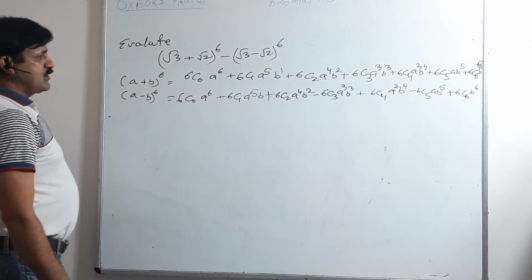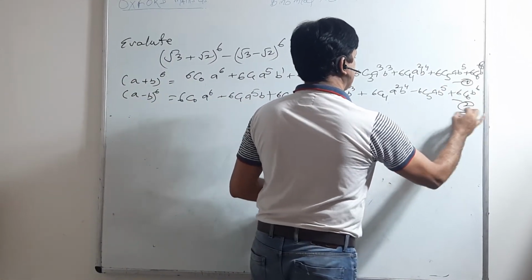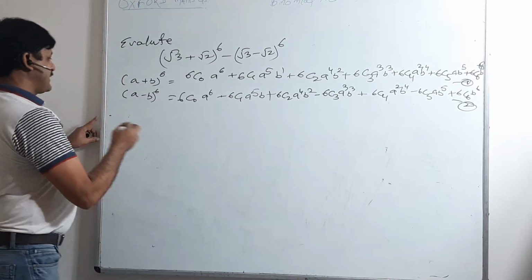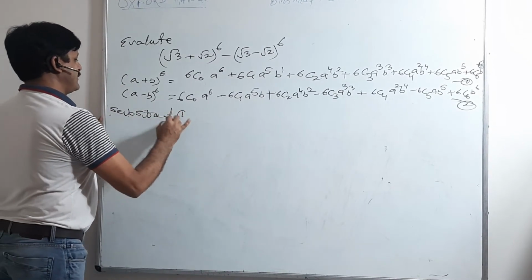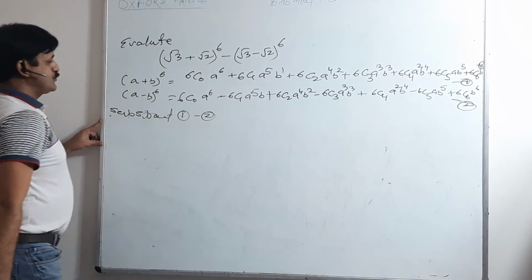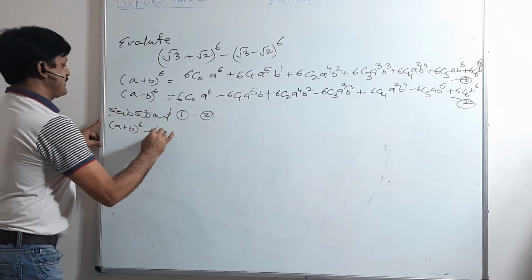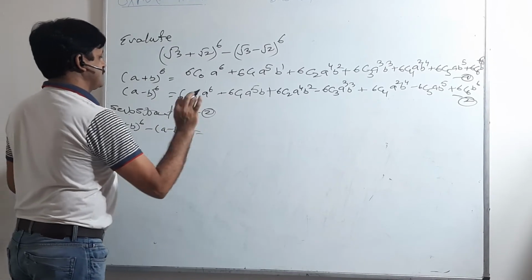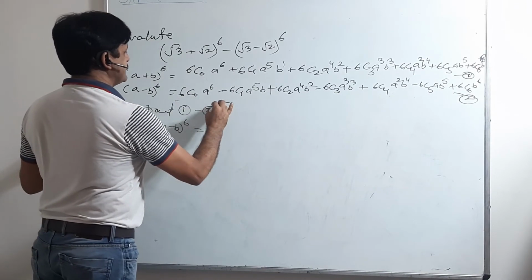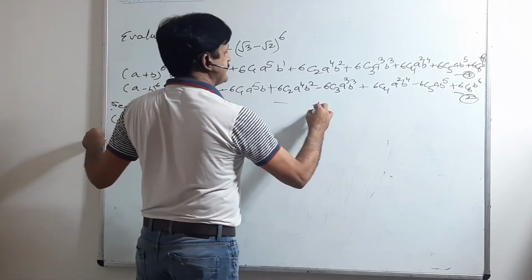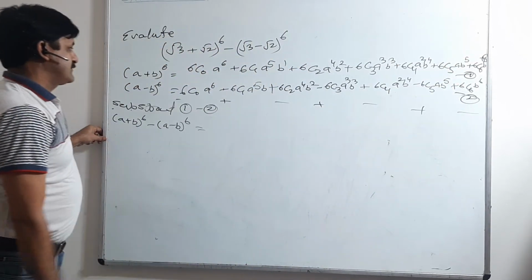Now subtract 1 and 2. That is 1 and that is 2. Subtract 1 minus 2, that is a plus b whole power 6 minus a minus b whole power 6. This becomes minus plus minus plus minus plus and minus.